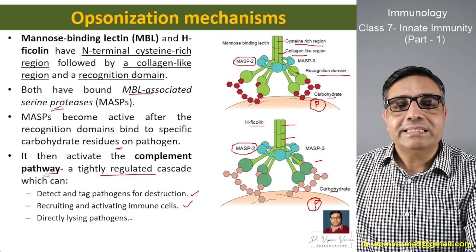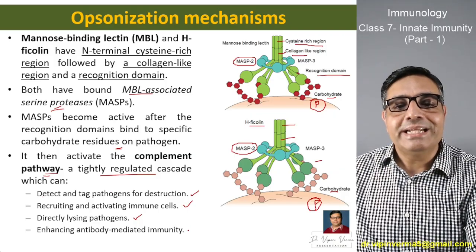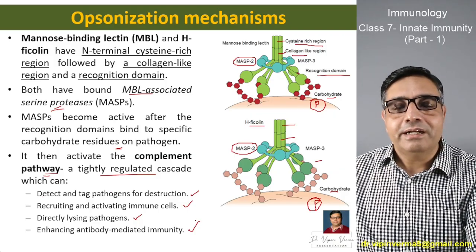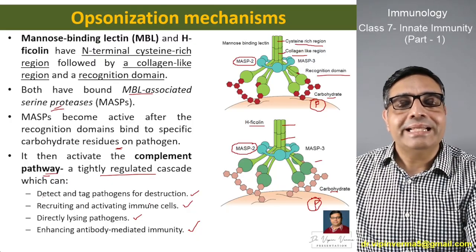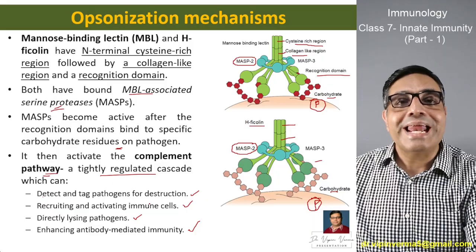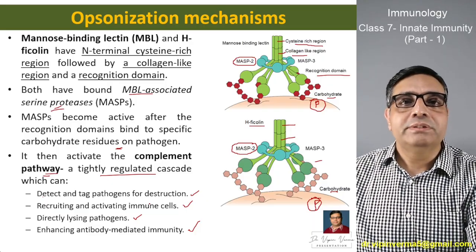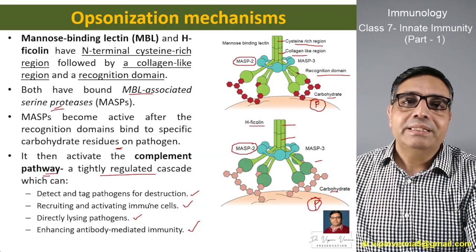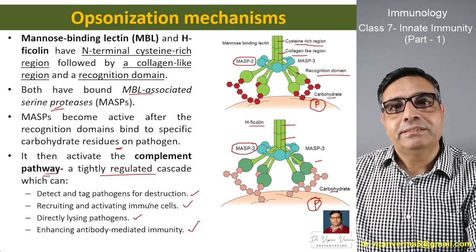Then directly lysing the pathogen is another action we can accomplish through this complement pathway. And then enhancing antibody mediated immunity, again a different function. So complements can do a number of functions, and their one goal is to eliminate the pathogen, through whatever route they take, but the ultimate result is that the pathogen is eliminated.